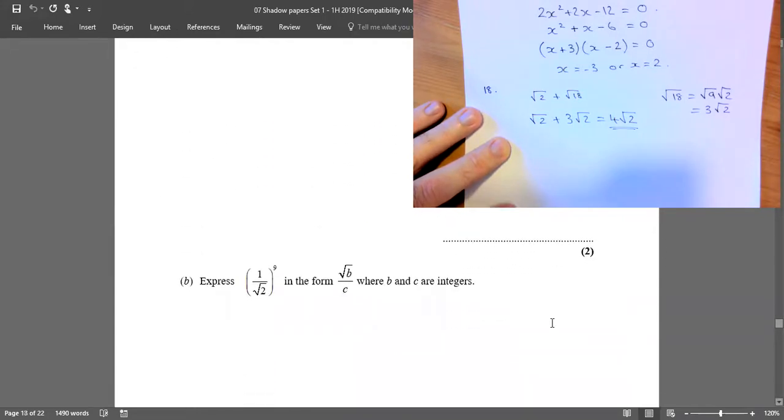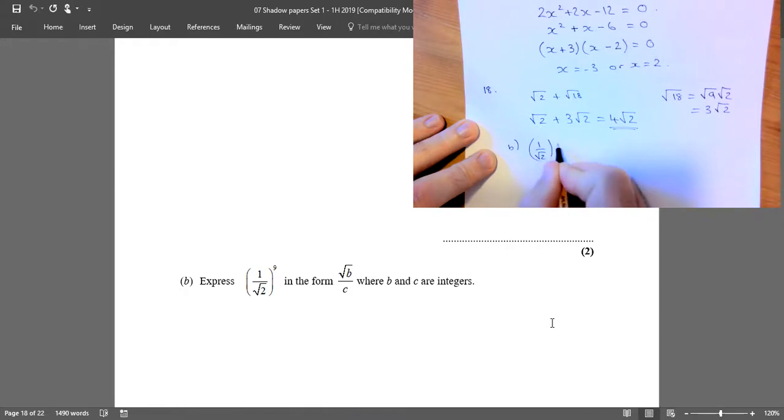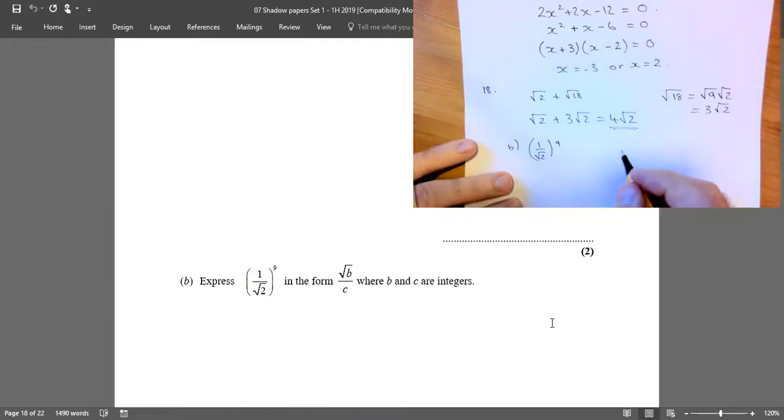Part B, express 1 over root 2 to the power of 9 in the form root something over c. Okay, so 1 to the power of 9 over root 2 to the power of 9. Obviously the numerator is going to be 1.